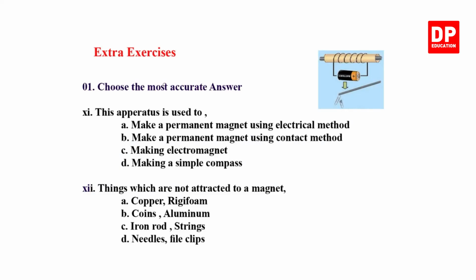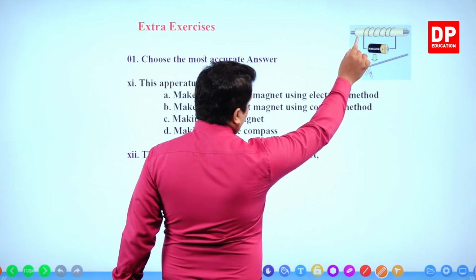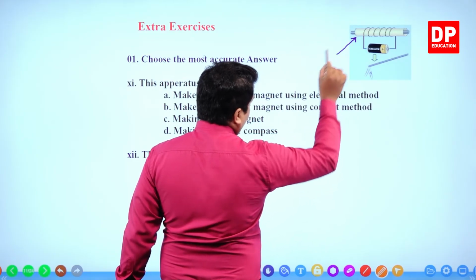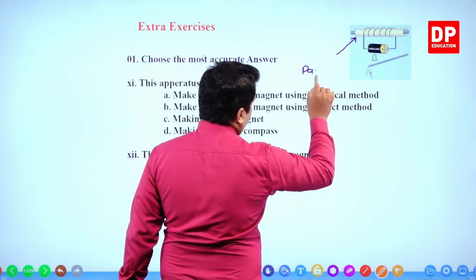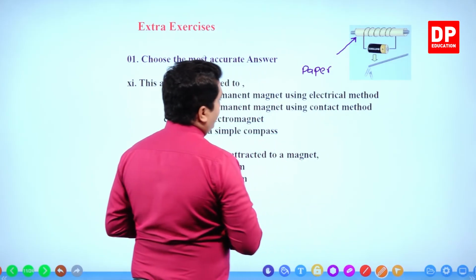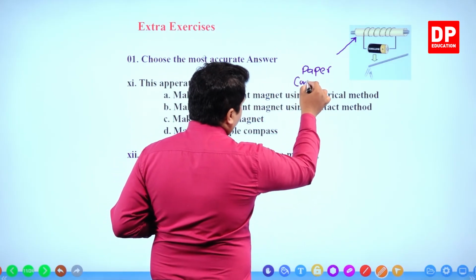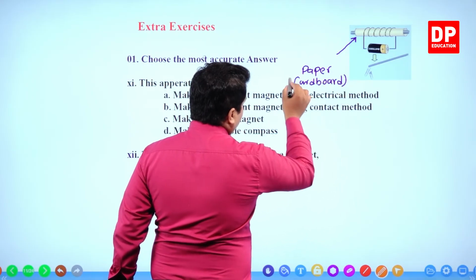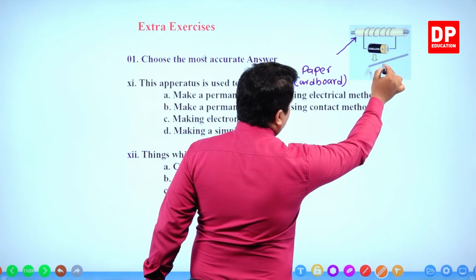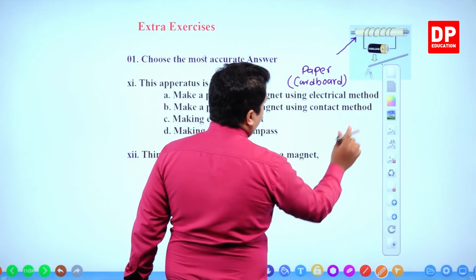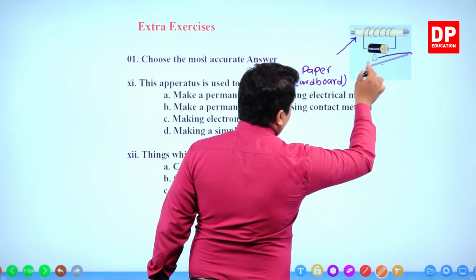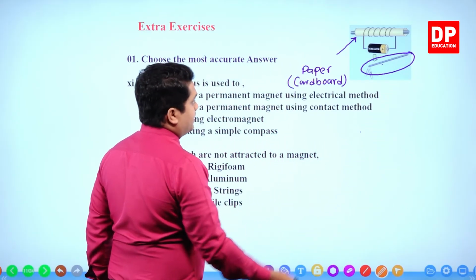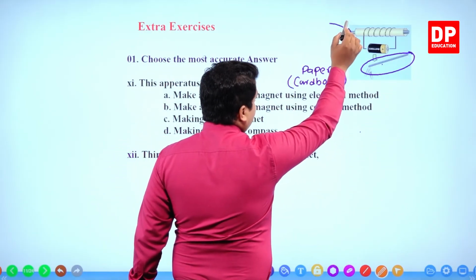This apparatus is used to. Now here you can see an apparatus. You can observe a paper or else a cardboard. I'll write it as a paper or else it is a cardboard. And here you can observe the rod which is inserted into this.